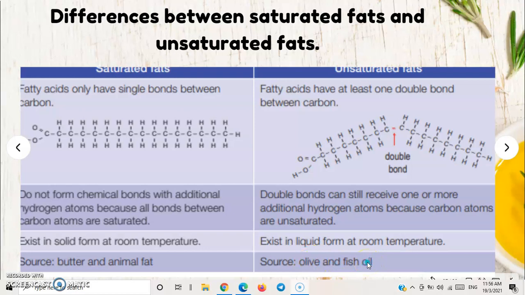So make sure you know the differences between saturated fats and unsaturated fats. Which one is better? Of course, unsaturated fat.